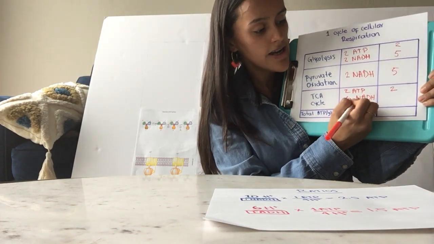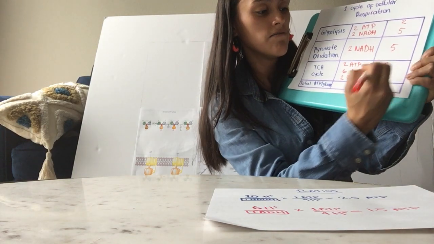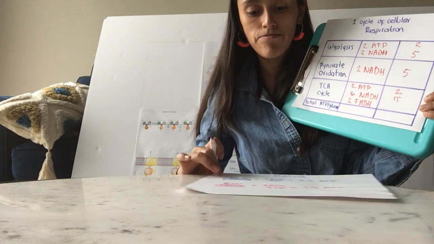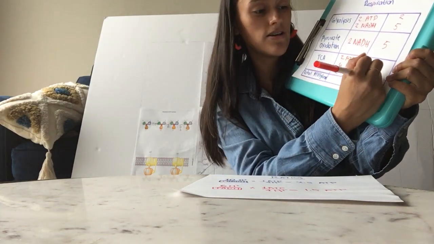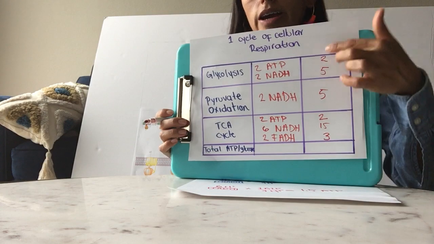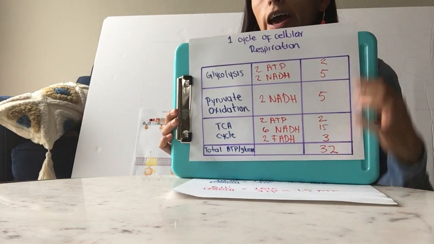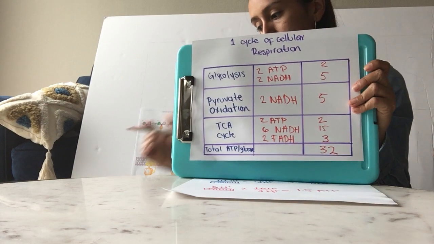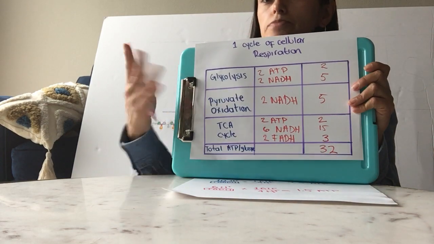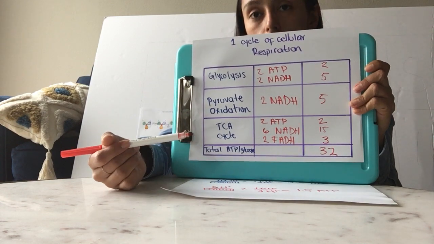The 6 NADH times 2.5 would give us 15, and the 1.5 times 2 would give us 3. So we add all this together, and it gives us 32 ATPs per 1 glucose molecule. This is how we can calculate our ATP production.